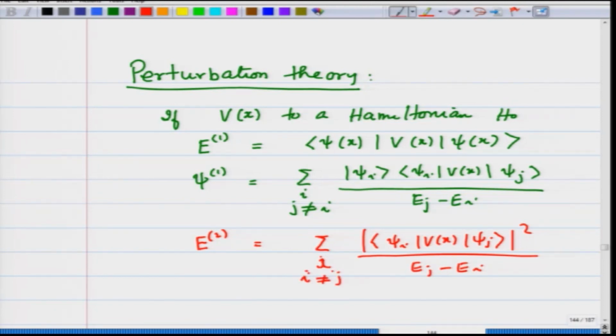So, I am summing over all these i's, all the states, and finding out what the second order change is. So, this is how I can calculate the energy up to the second order when I apply a small perturbation.